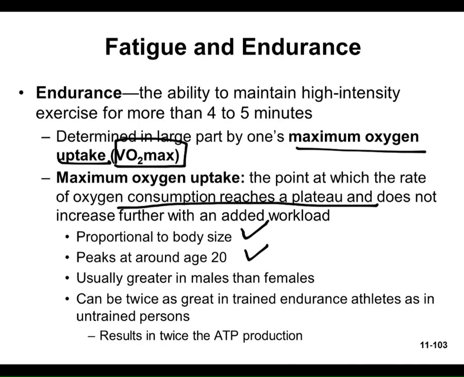Also, the taller you are, the bigger your lungs are. And so the taller you are and the younger you are, the more you would expect your capacity to be larger. Shorter people would have less lung capacity. Again, it's typically greater in males, and this can be hugely different in a trained endurance athlete.